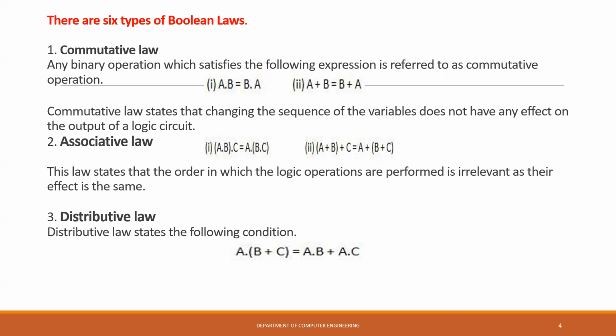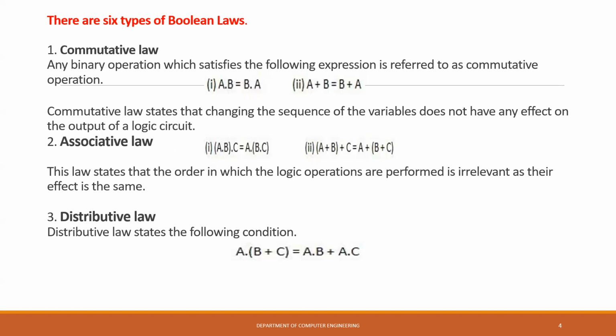In the first example, A dot B is equal to B dot A. We can change the sequence, that is A dot B is the same as B dot A. Similarly, in the second expression, A plus B, we can write or represent as B plus A. That is nothing but the commutative law.